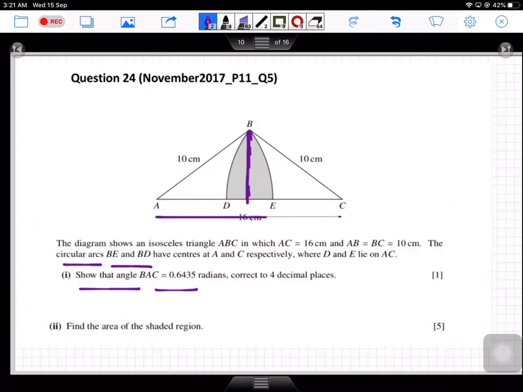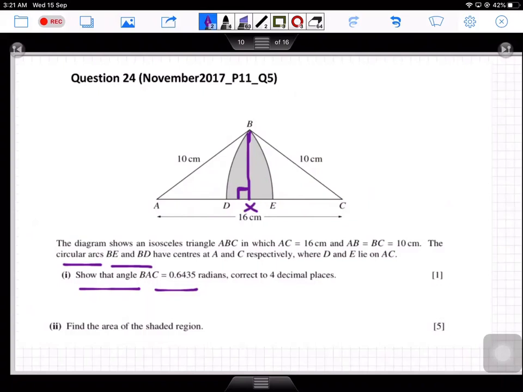So since this complete line is AC, which is 16 centimeter, if this point is X, what I can say is that AX is having a length of 8 centimeter, and similarly XC is also having a length of 8 centimeter. So this AX length is 8 centimeter.